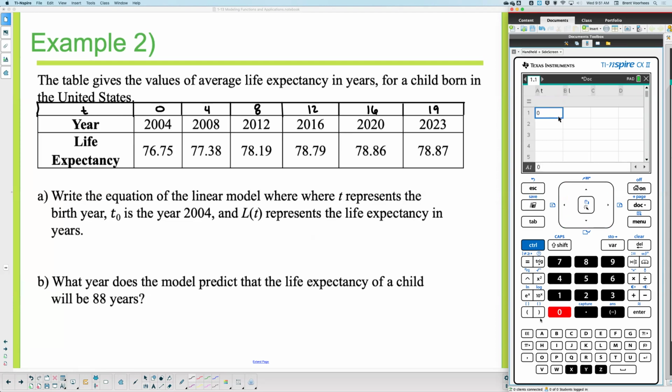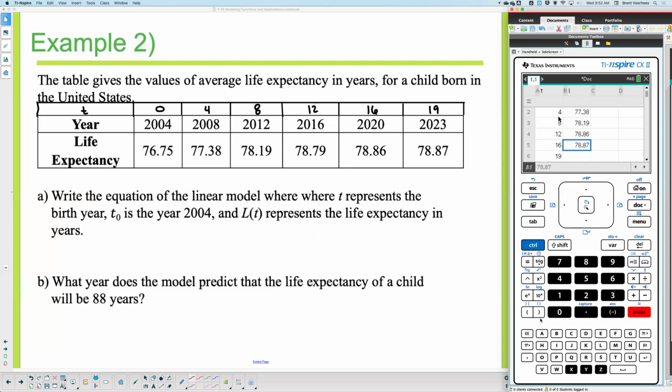My times are 0, 4, 8, 12, 16, and 19. And then you can see the life expectancy: 76.75, 77.38, 78.19, 78.86, and 78.87.